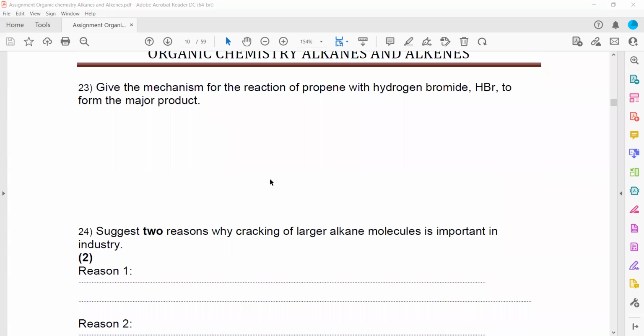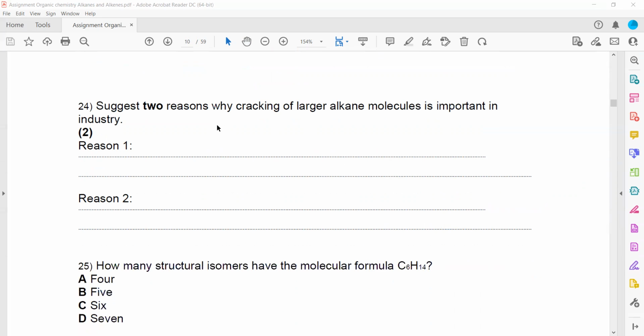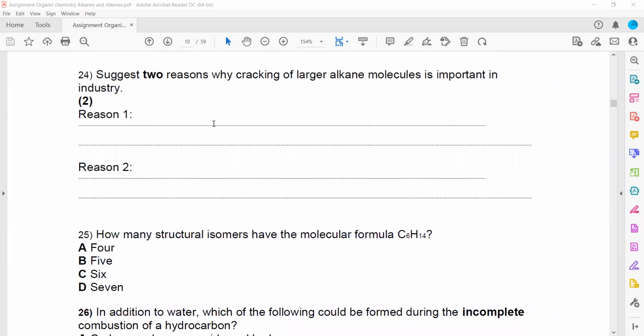In question 23, give the mechanism for the reaction of propene with hydrogen bromide to form the major product. The major product will be 2-bromopropane, that we did in the previous one. So it's a similar thing. Next, suggest 2 reasons why cracking of a large alkane molecule is important in industry. Why must cracking be done?